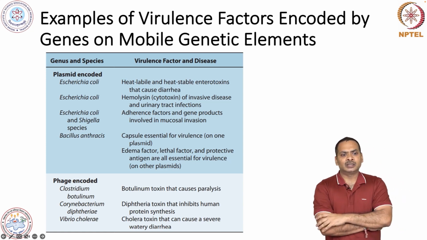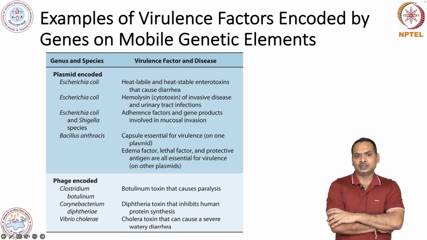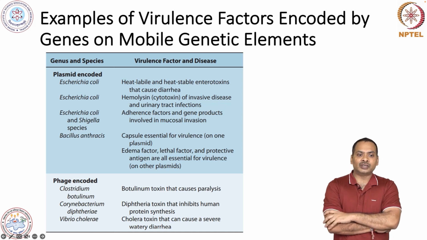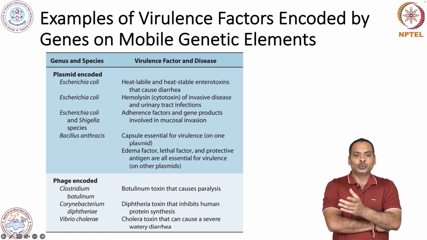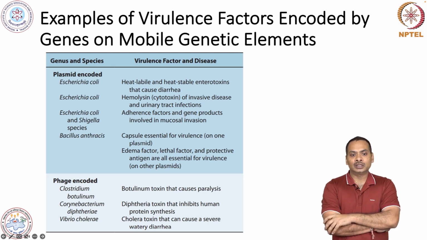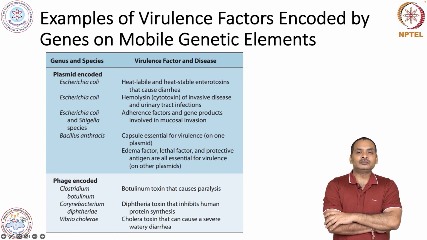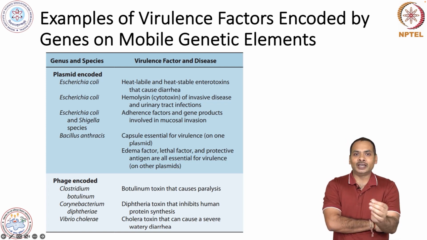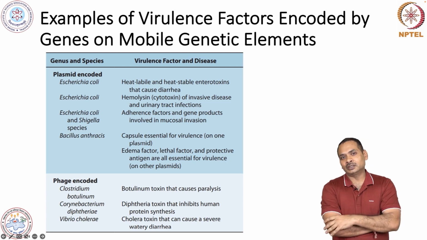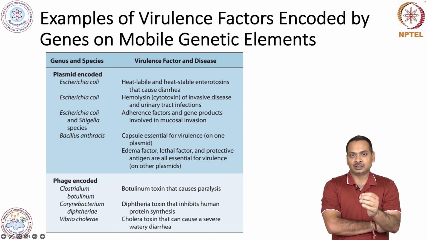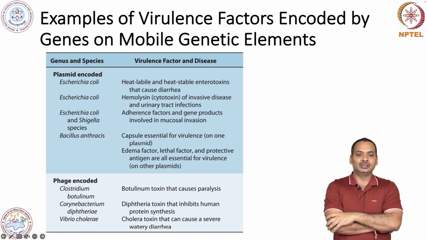Another example is a phage-encoded virulence factor which can cause disease. Clostridium botulinum contains the botulinum toxin that causes paralysis. Here I want to highlight one positive point about this toxin: it is used in therapy as well, and we call it Botox.